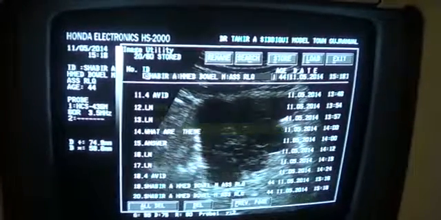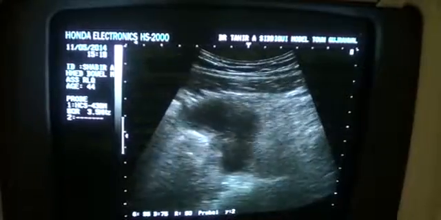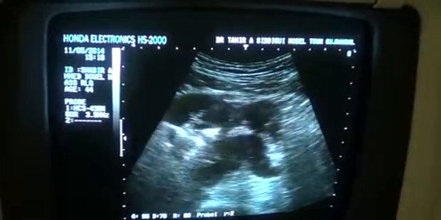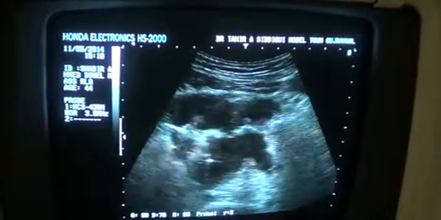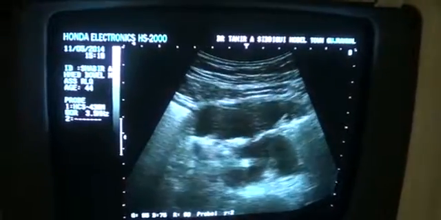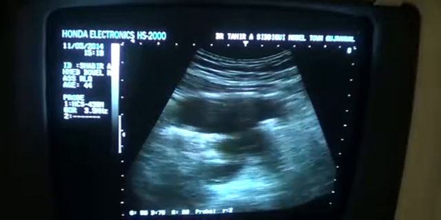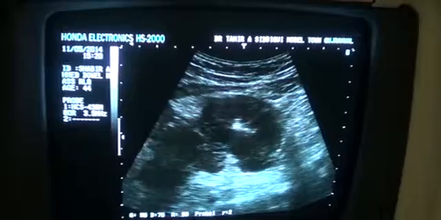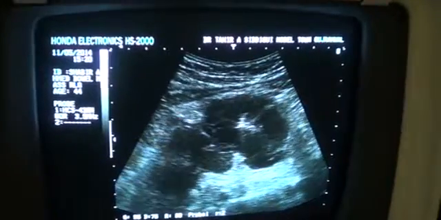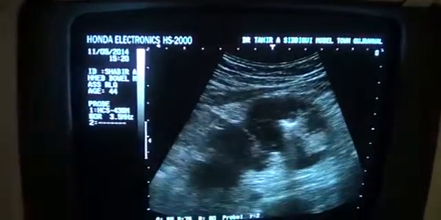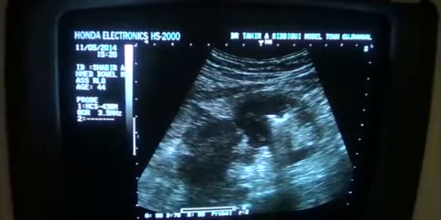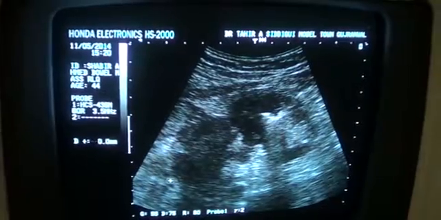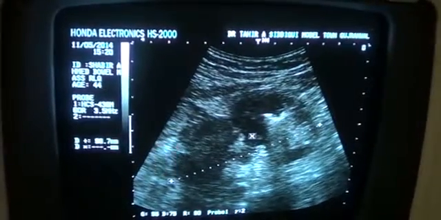So this mass that we are studying gives you a fluid pocket along with air shadows and bowel segments trapped within it.